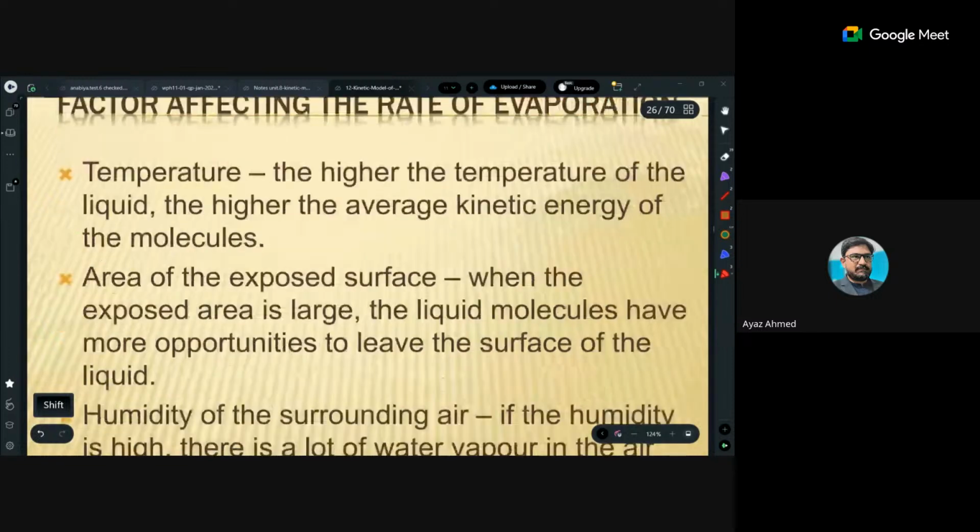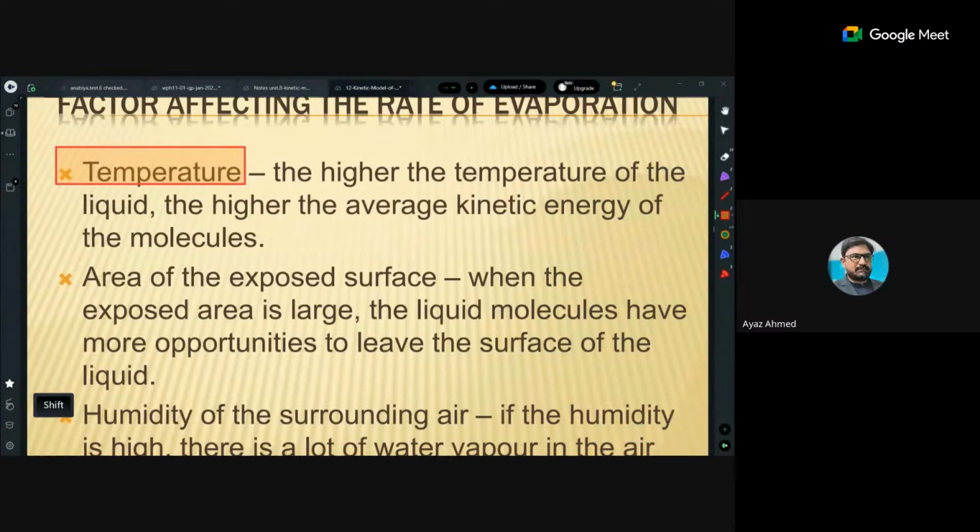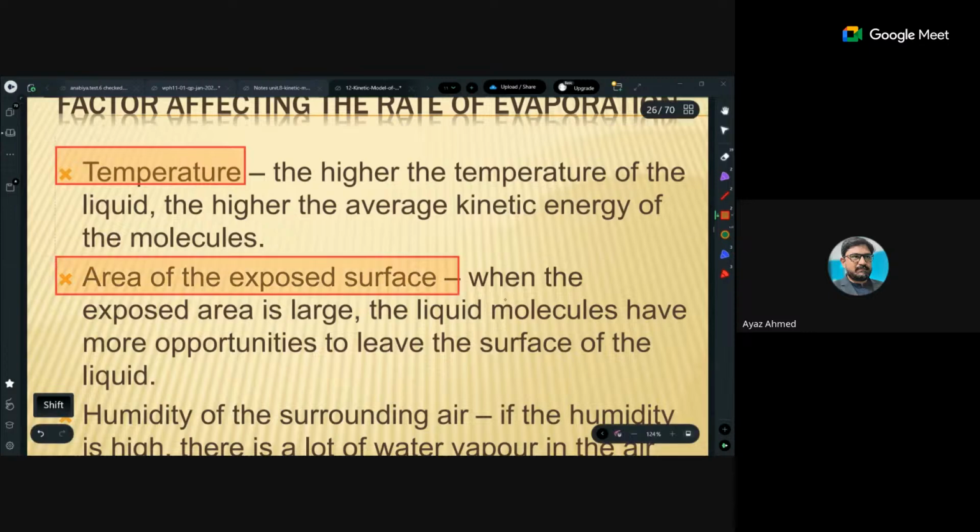One is the temperature. If you have more temperature, for example, when the cup of tea is hot enough, it would have more evaporation, faster evaporation, right? More molecules are there which have very high kinetic energy, so they will leave. Then secondly, area of the exposed surface.